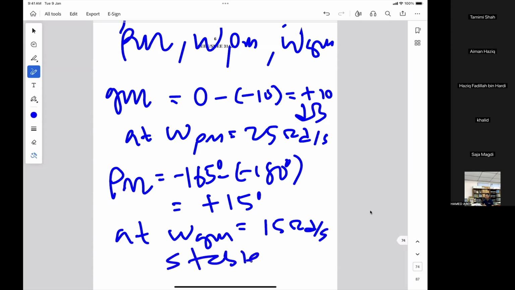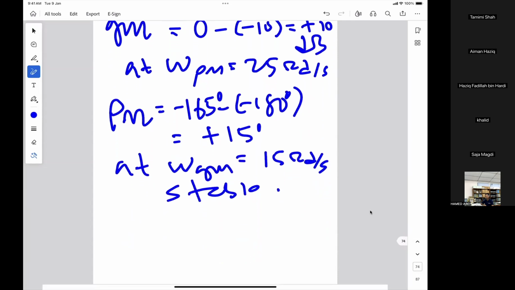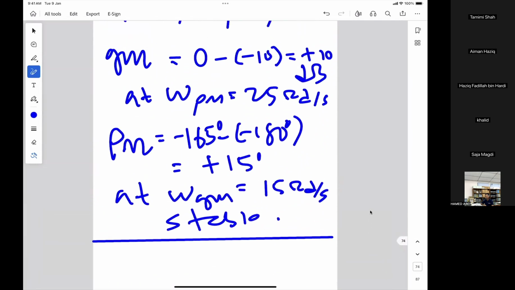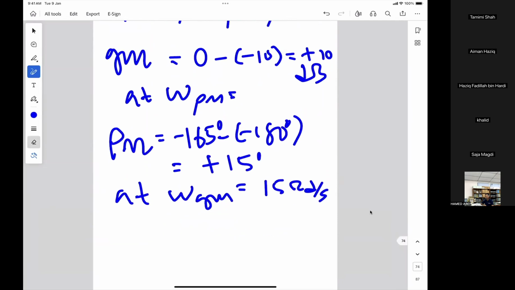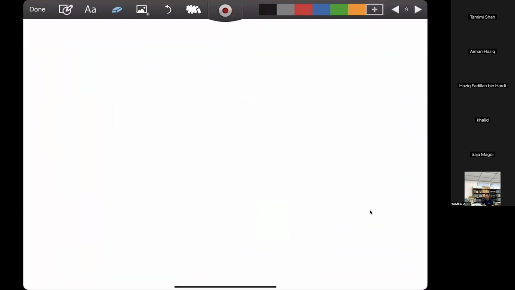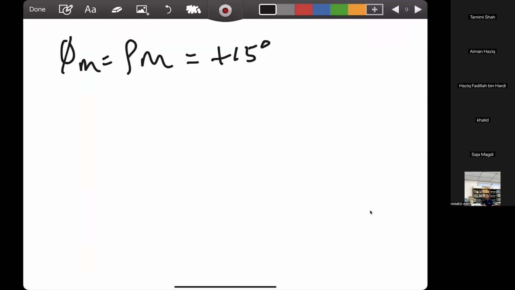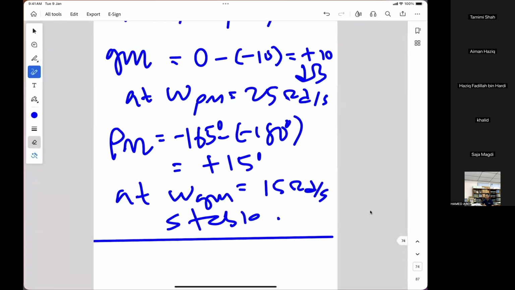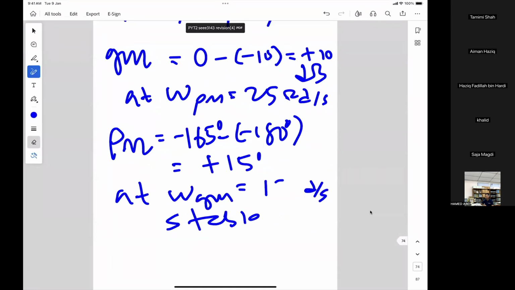Now is to find the zeta. The phase margin is 15 degrees, which will give you zeta. What is the zeta value? So you have to use the graph attached at the back.